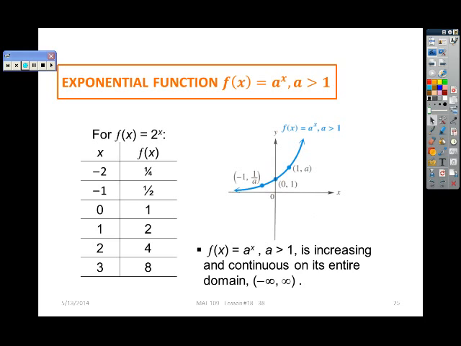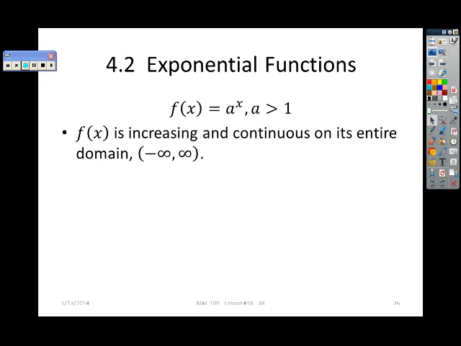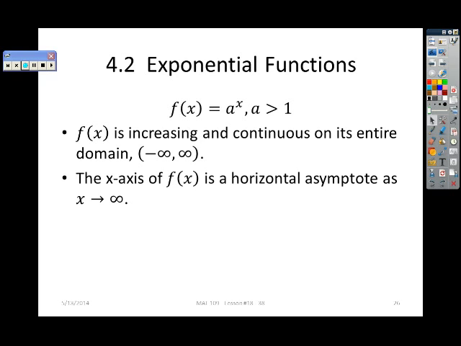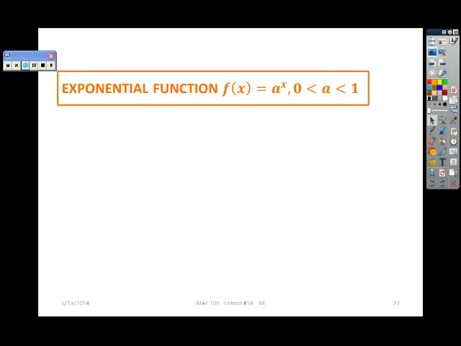The domain of this is -infinity to infinity. The range is 0 to infinity, but not including 0. It's continuous everywhere. Goes through those points. Okay.